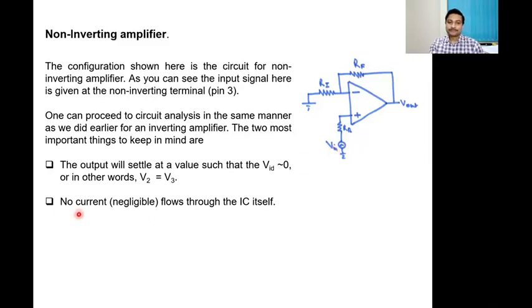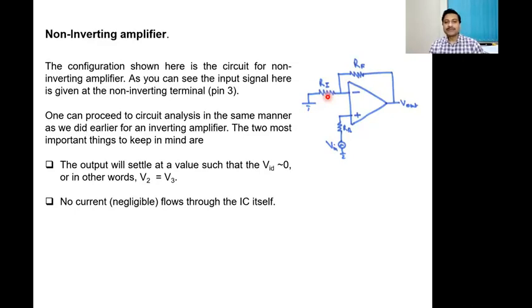So that's the only difference in the case of a non-inverting amplifier. Another characteristic: no current or negligible current flows through the IC itself, such that we can omit it from the analysis. So all the current between input and output will have to be taken in terms of the current flow in the external arm of the circuit.